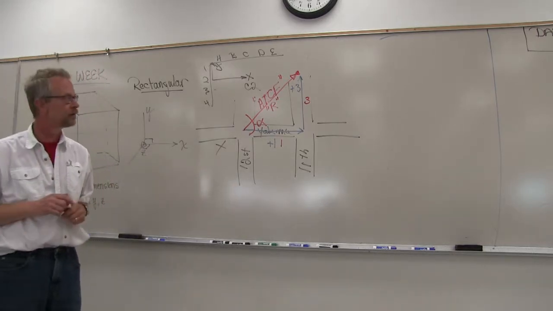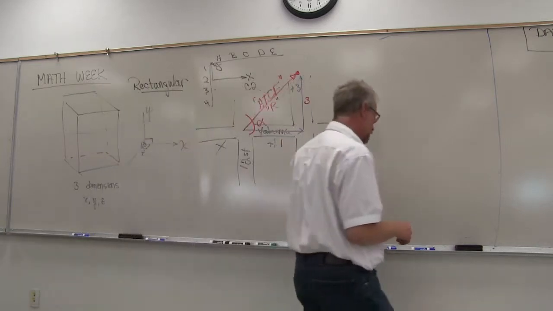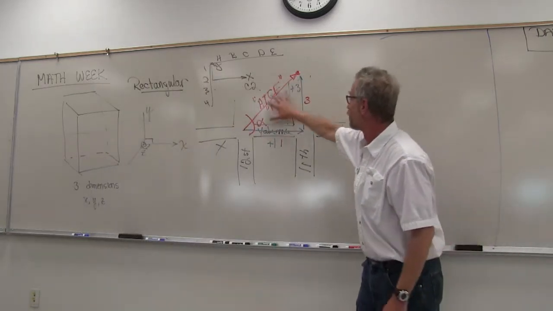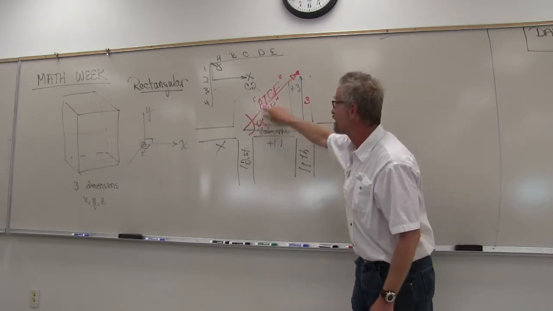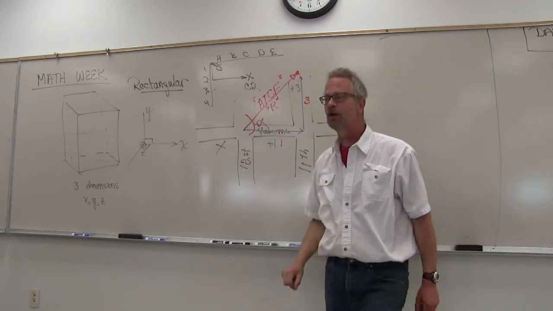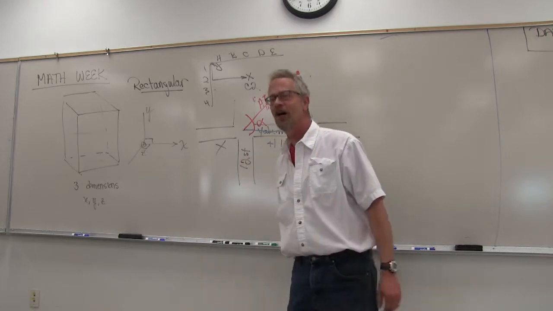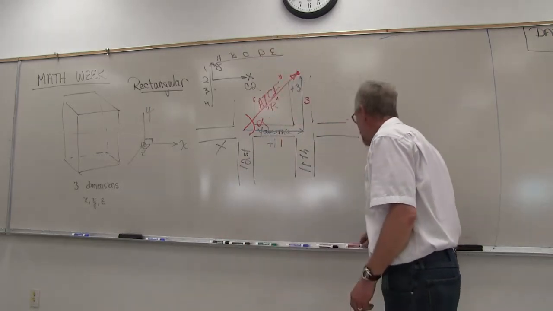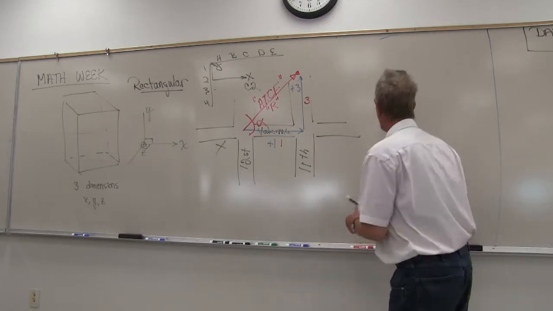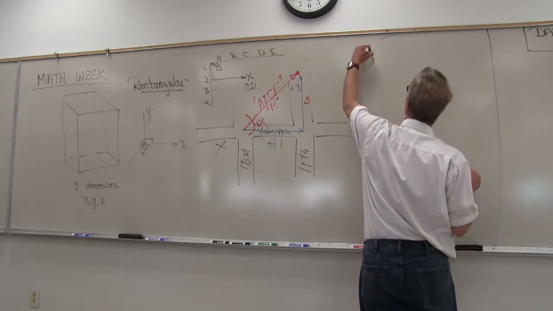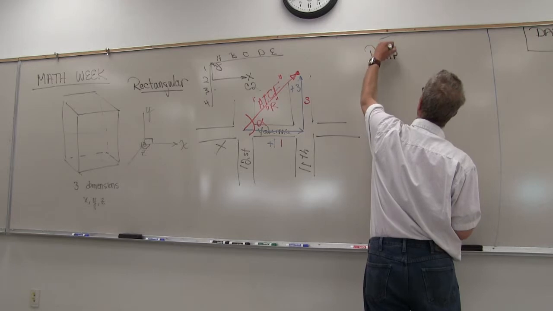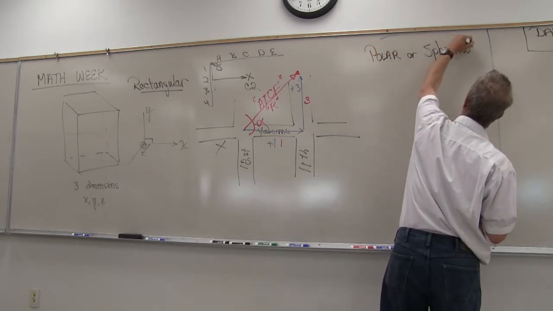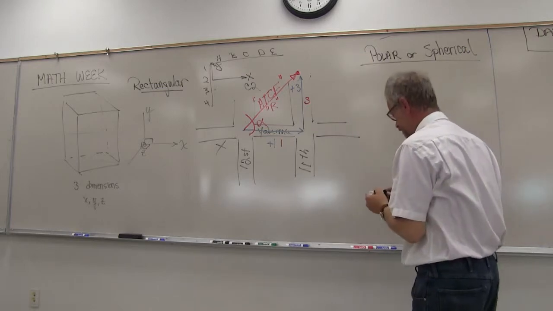Same point. And the difference here is that when we look at something like angles and radiuses, which is what R stands for, we're clearly not talking about a square anymore, are we? We're now talking about what we refer to as polar or spherical coordinates.